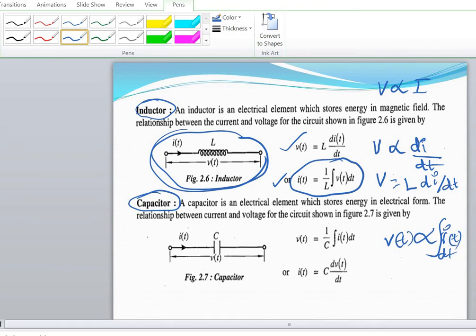V is proportional to integration of current for the capacitor. So V of t is equal to 1 by C into integration of I dt, or I of t is equal to C into dV by dt. So these are the equations for the elements which we use in an electric circuit.